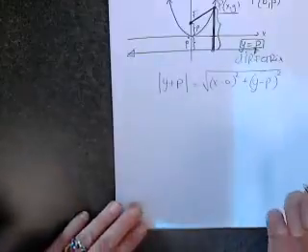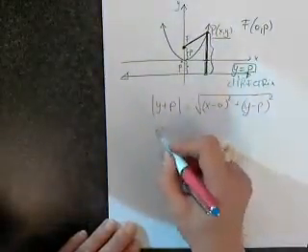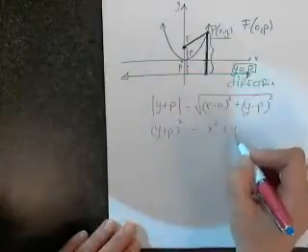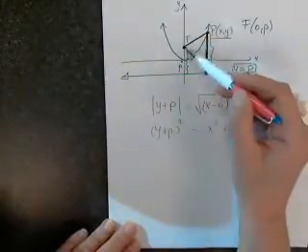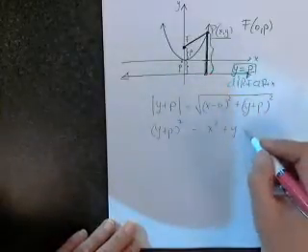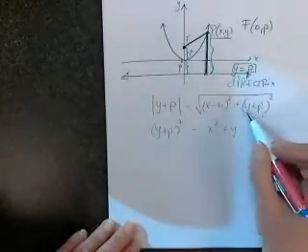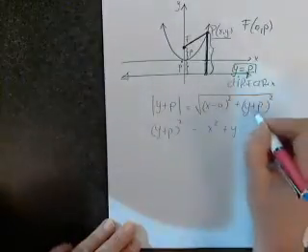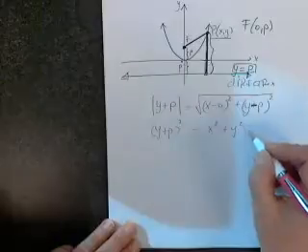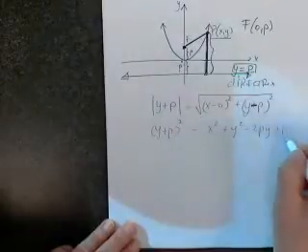After you square both sides, you get (y plus p) squared equals x squared plus (y minus p) squared. So y squared plus 2py plus p squared equals x squared plus y squared minus 2py plus p squared.